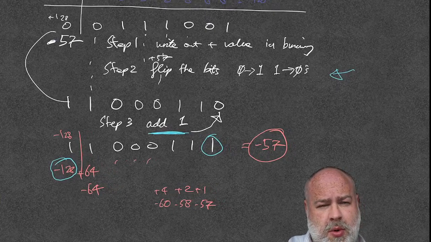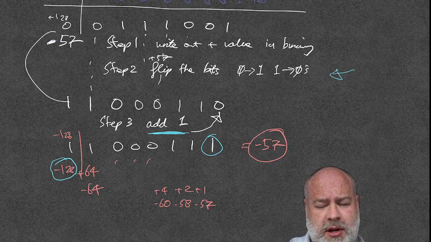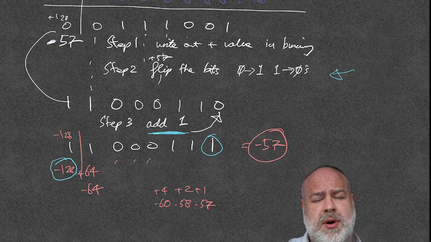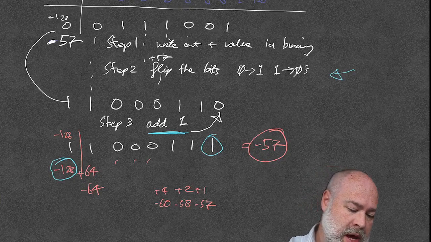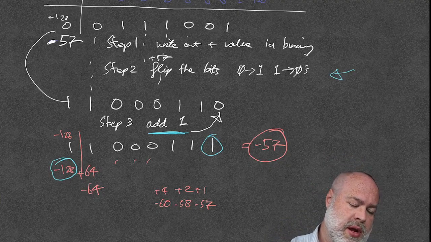What we'll do in the next video when we talk about binary addition, we'll have a look at addition of negative numbers as well, so that if you see an exam question it doesn't completely trip you up. Just before we close this video, let's just do one more.